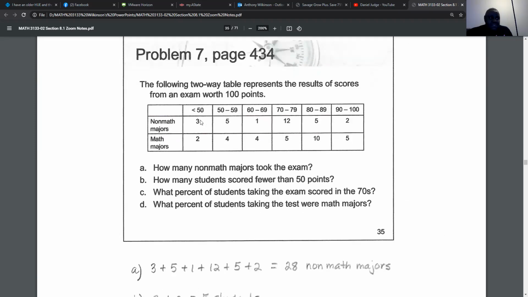Well, this row represents the number of non-math majors for each category. So you have to add each one of those observations together for non-math majors. So here, if you add 3, 5, 1, 12, 5, and 2 together, you'll get 28. So 28 non-math majors took the exam.